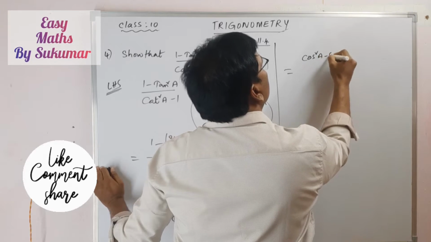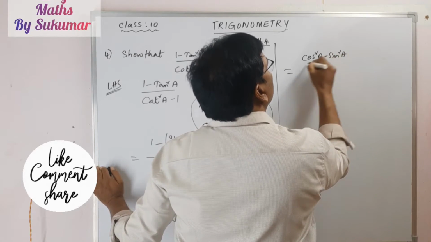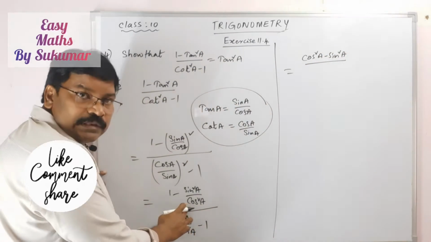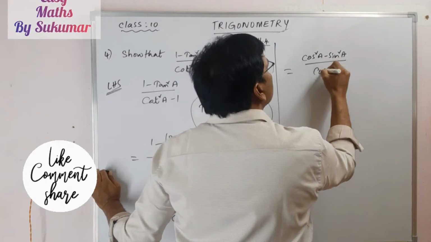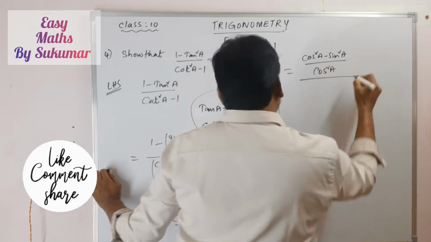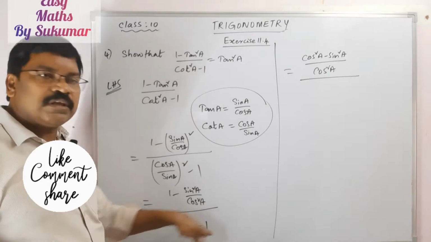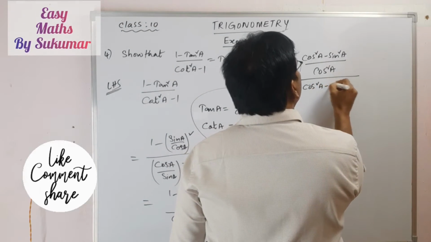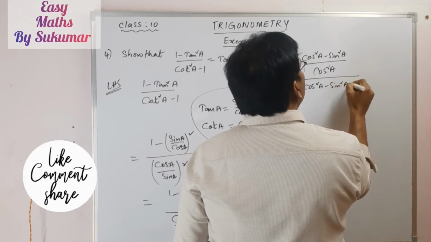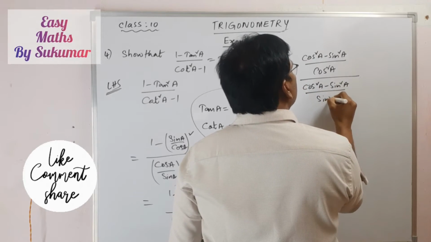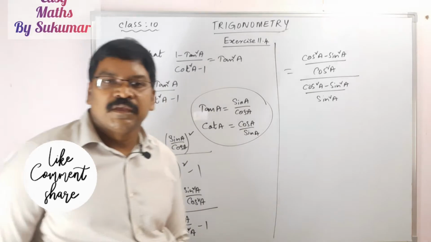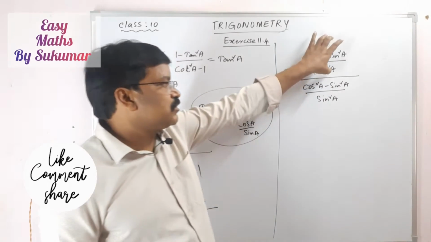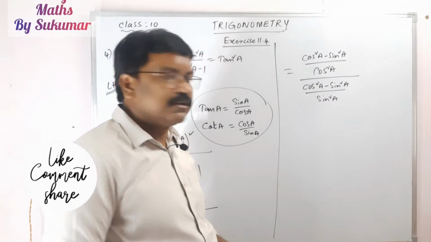So my dear students, this is equal to (cos square A minus sin square A) by cos square A, whole by, here also same, (cos square A minus sin square A) by sin square A. See, there are two fractions here. This is one and this is another one.